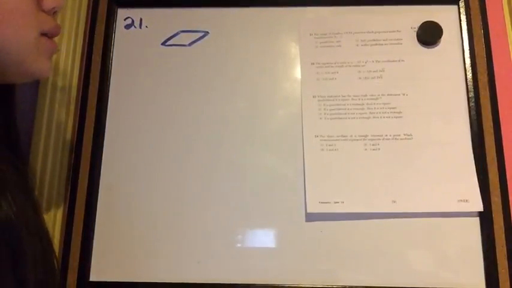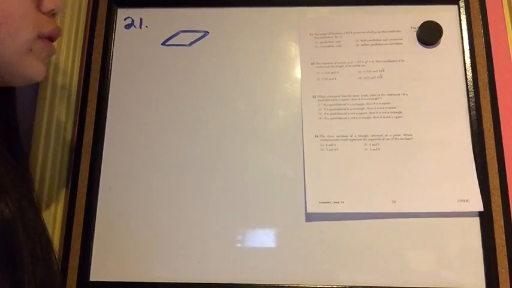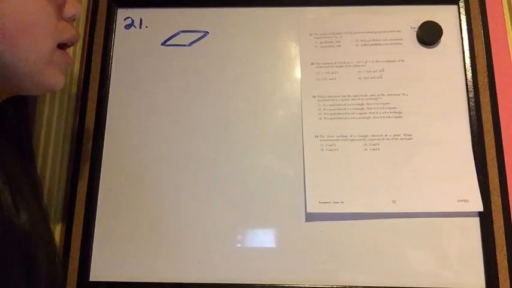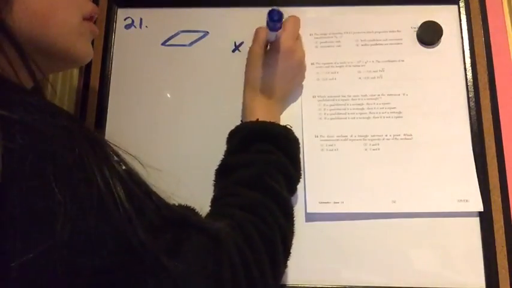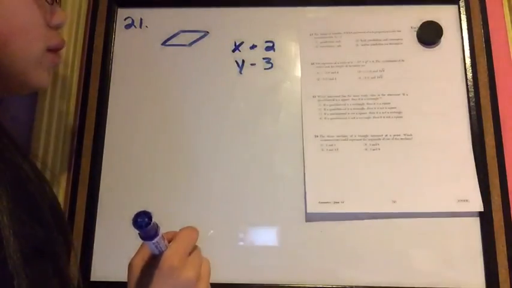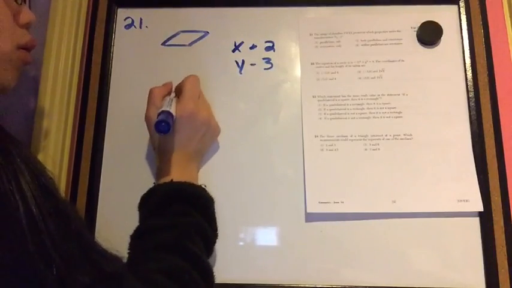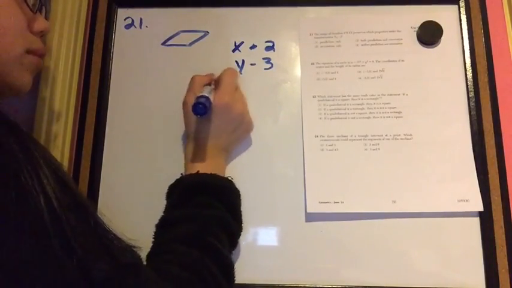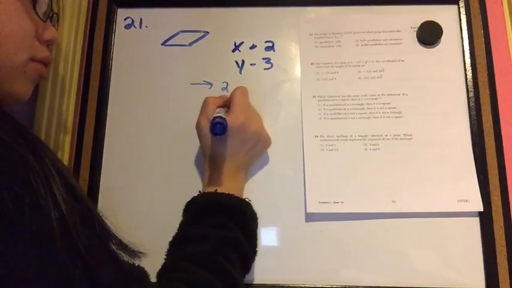Number 21 asks about the properties of a rhombus undergoing transformation. It's saying that it's increasing x by 2 and decreasing y by 3. So that would mean it would move to the right by 2 and down by 3.